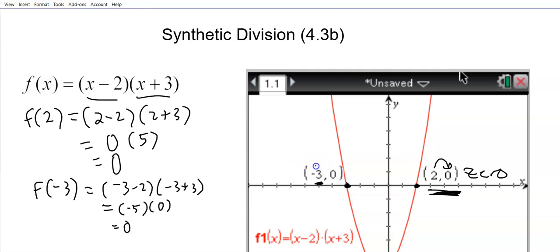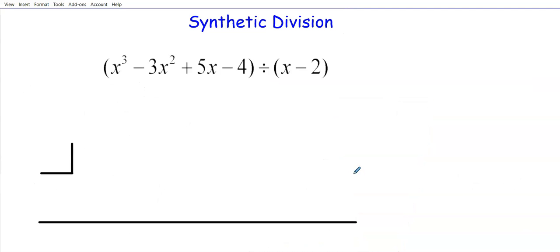Oh, interesting. So when you plug a solution in, we get 0 as our result, or in what we're about to do, we're going to get 0 as our remainder. When you plug in a solution that works, we're trying to get a remainder of 0, which would be a result of 0, which you might see in a minute.